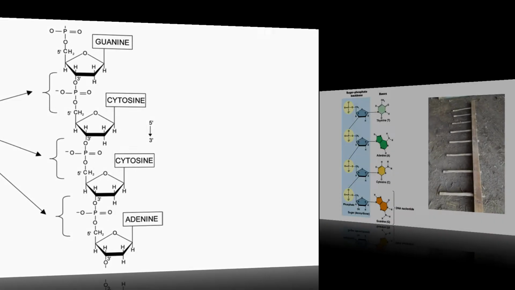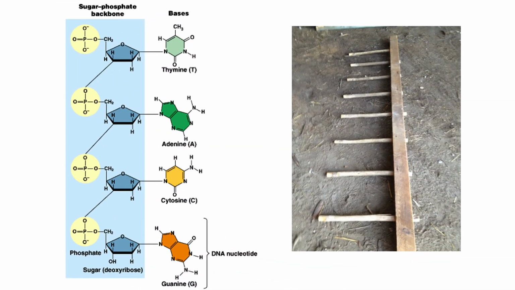All right, now this diagram though gives you a little more detail, and you can see the backbone. You can kind of liken these strands to a ladder, and in this case I've got a picture of half a ladder. So if you think of the backbone of the ladder being formed by the sugar and the phosphate group of each nucleotide.